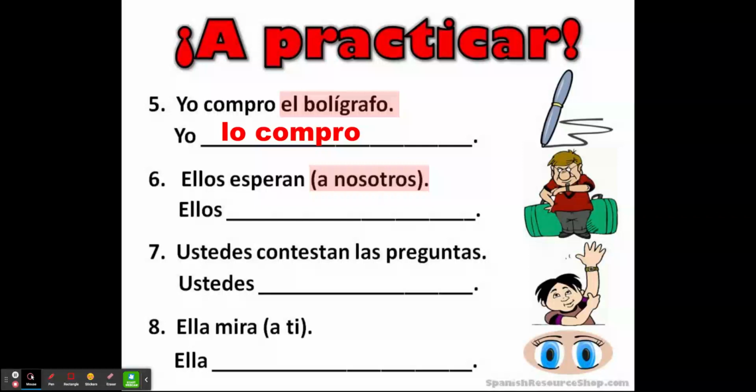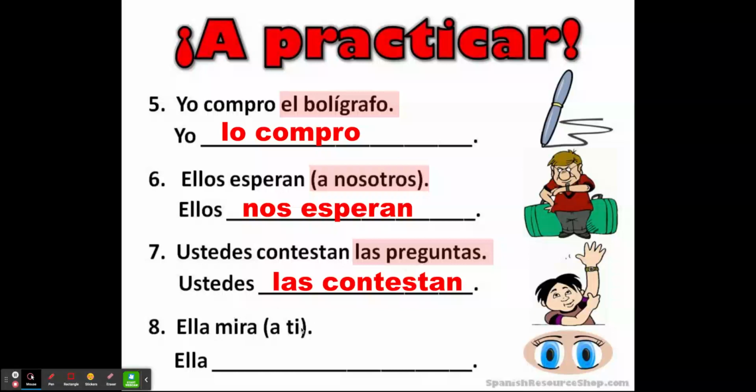Us. You're going to say ellos, and then replace a nosotros with nos. Nos esperan. Now notice you are replacing a nosotros with nos. Ustedes contestan las preguntas. Ustedes las contestan.